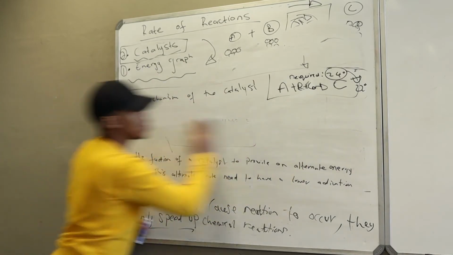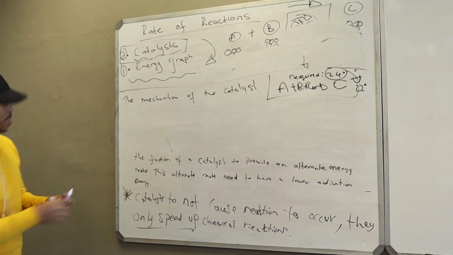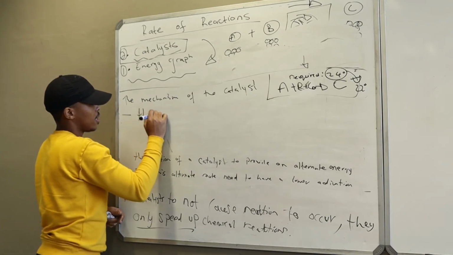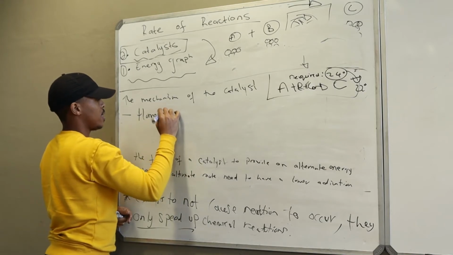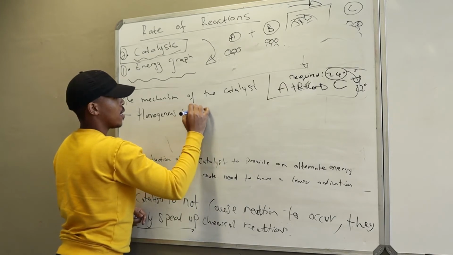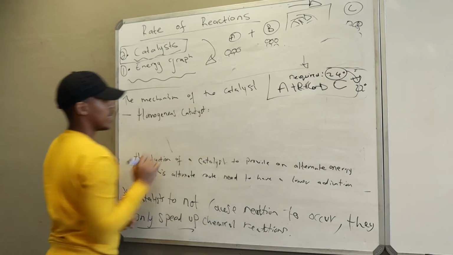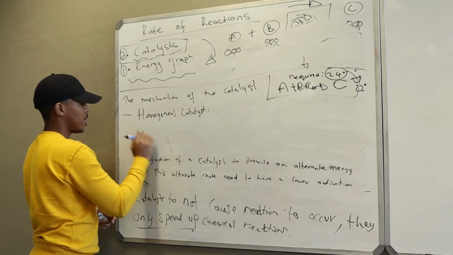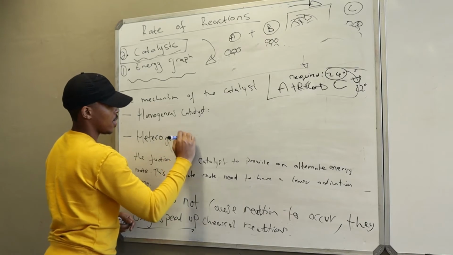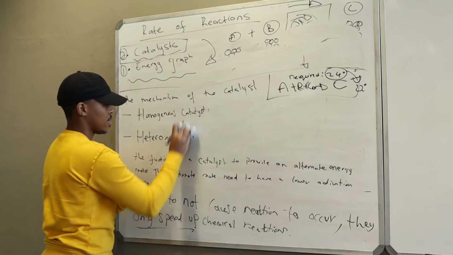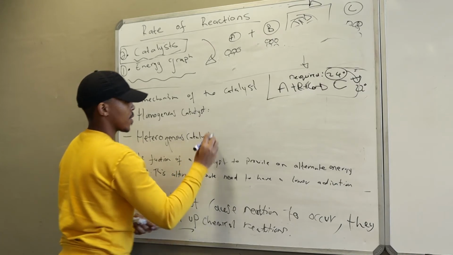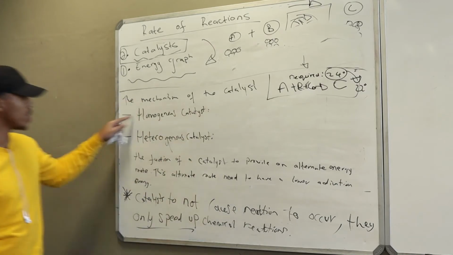Another quick comment. There are two types of catalysts. The first one is a homogeneous catalyst, and then a heterogeneous catalyst. What's the difference between the two?